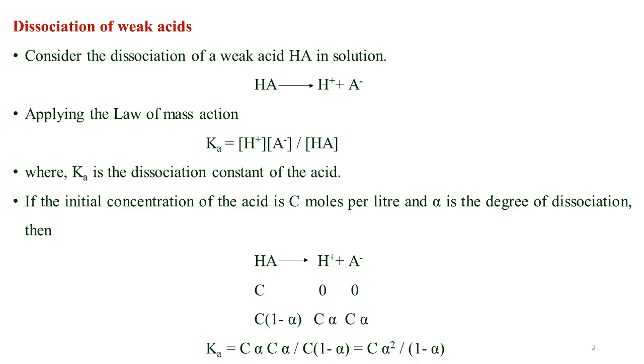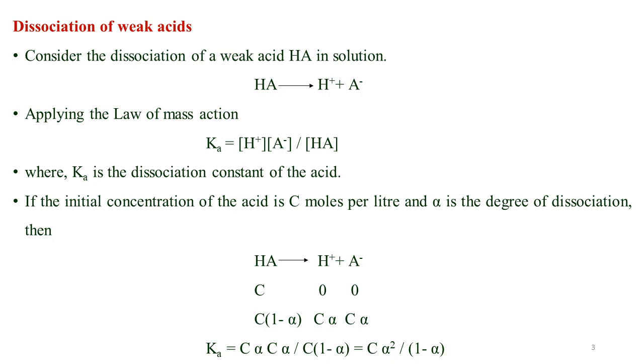After the reaction proceeds, the concentration of the reactant will be C(1 minus alpha) and that of the products will be C alpha and C alpha. The dissociation constant Ka is equal to C alpha times C alpha divided by C(1 minus alpha), which will be equal to C alpha squared divided by 1 minus alpha.